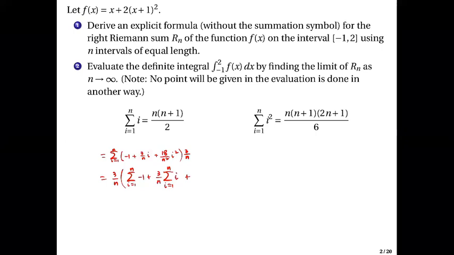And then plus, same is true with this part here. We'll just have 18 over n squared, and then sum of i squared, i from 1 up to n. And then from here, we can directly substitute this formula for us.